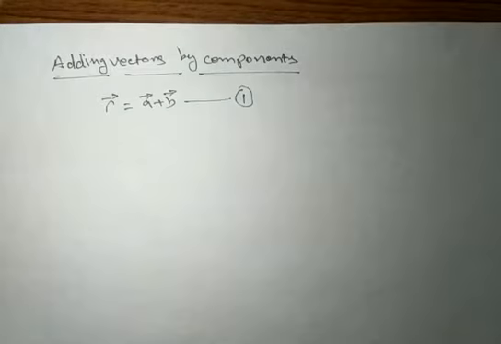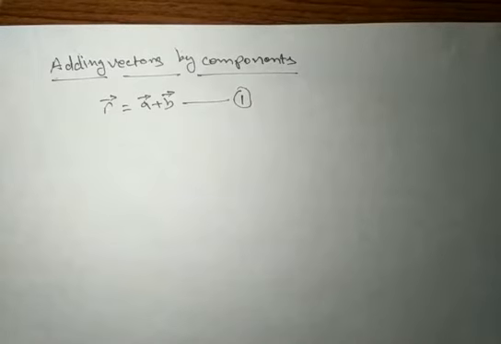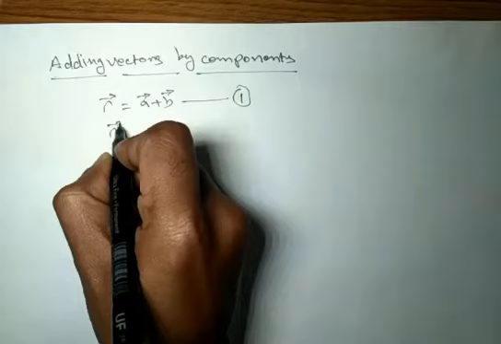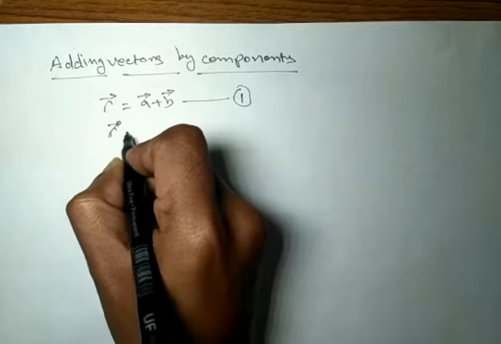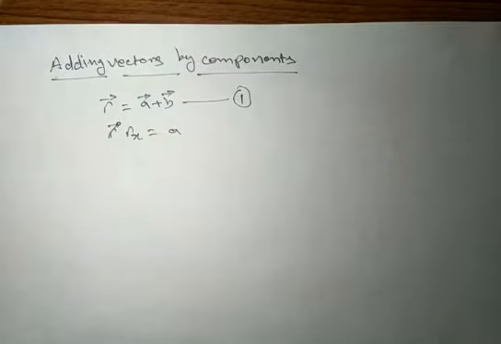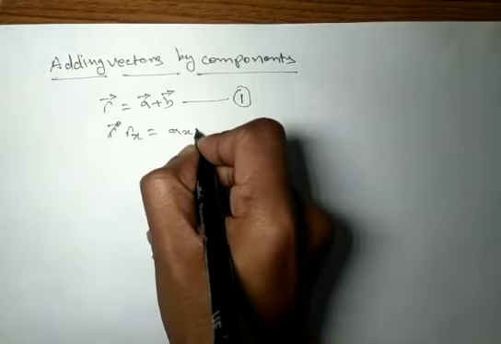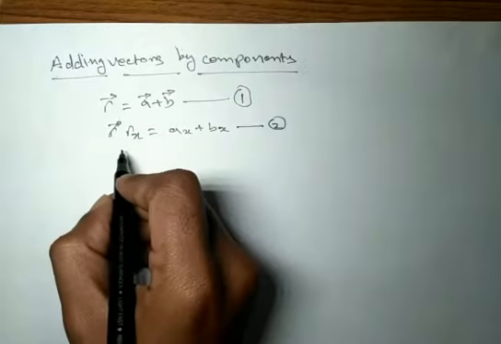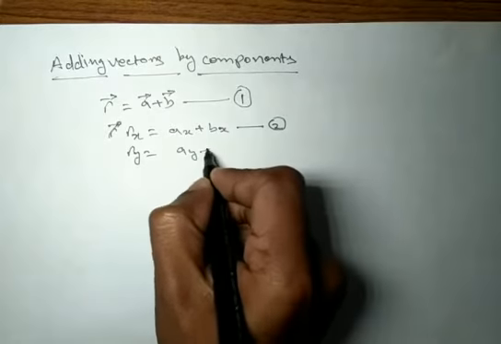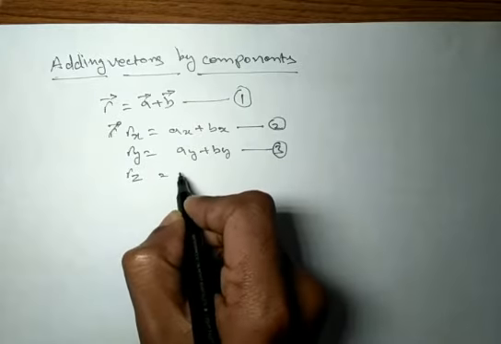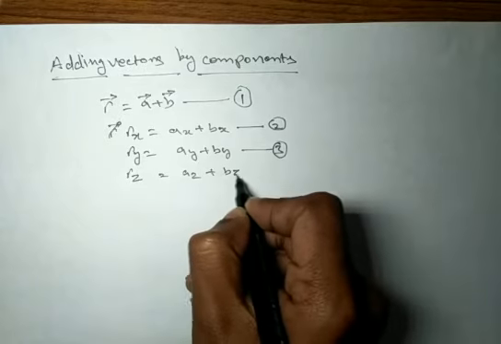So the corresponding components of vector r are: rx equal to ax plus bx, equation 2, ry equal to ay plus by, equation 3, rz equal to az plus bz.